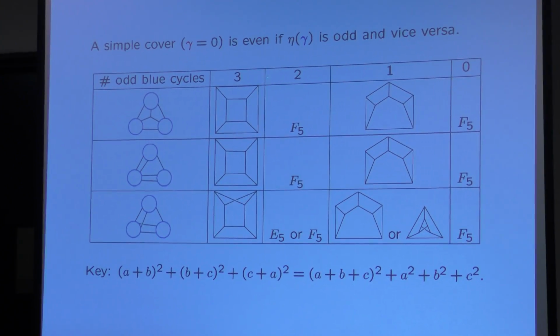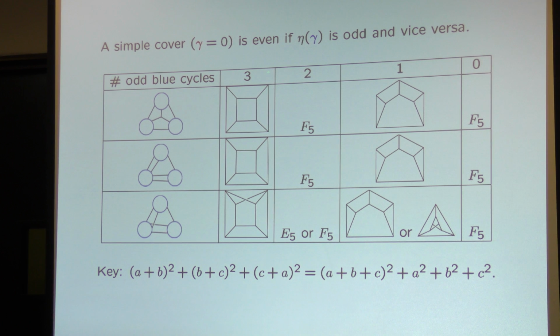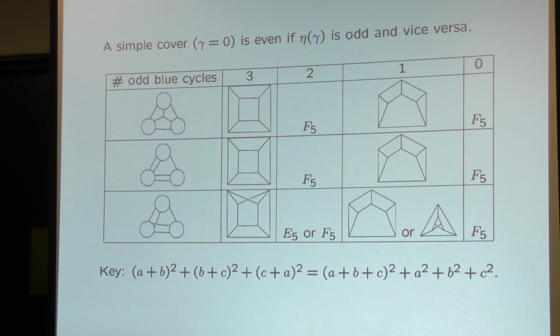For every tropical simple double cover we can associate a complex double cover uniquely, but only for simple ones. A little calculation tells you that the complex theta characteristic, which is defined uniquely from the tropical one in this case, is even if this cycle eta, remember that's a cycle with values in Z2 on the homology of our graph, is odd on these 3 cycles.